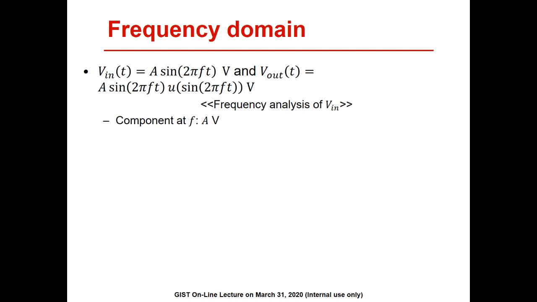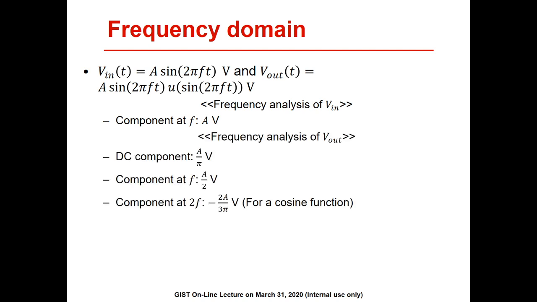However, the rectified signal has a DC component, a component at f, and components at multiples of f. For example, it can have a 2f component, a 3f component, and so on.